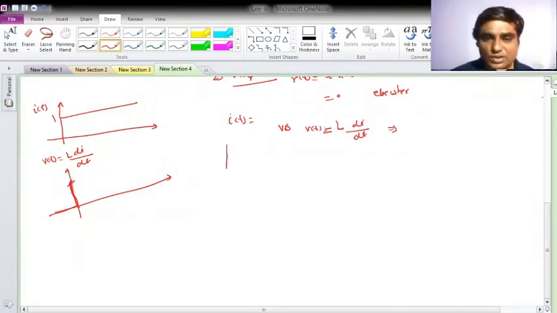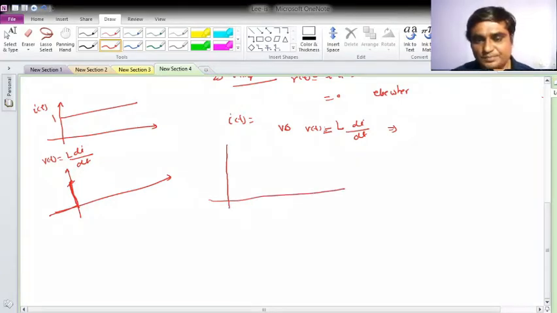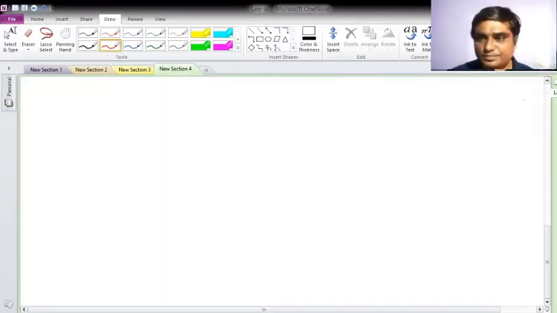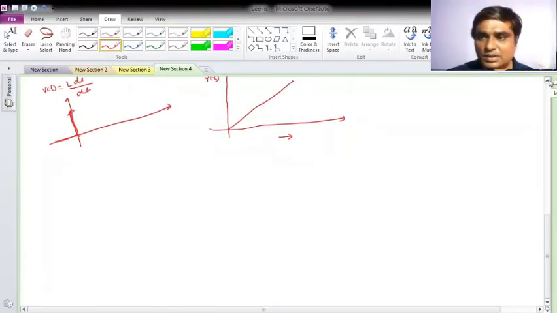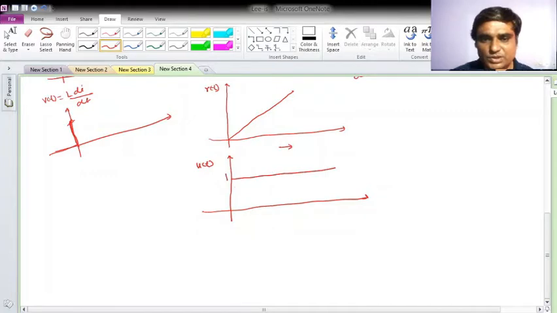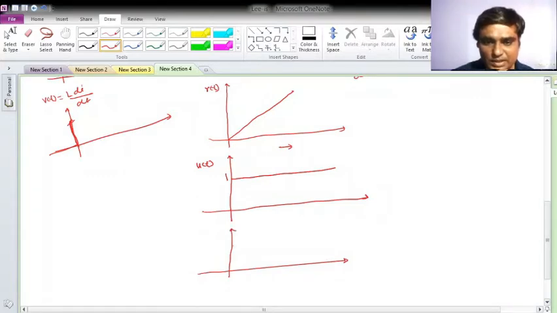So in short, what I wanted to tell is, say I have a ramp signal like this, and if I differentiate it, what I get is a constant signal, that is u of t, which is 1. And again if I differentiate u of t, one kind of funny signal I get, that is my impulse, which has infinite magnitude at t equal to 0.